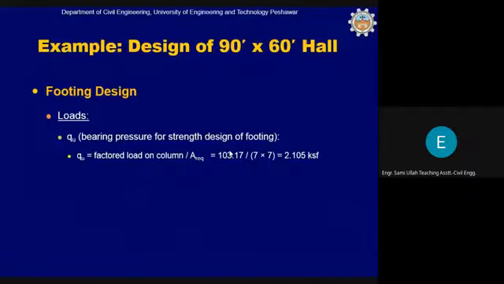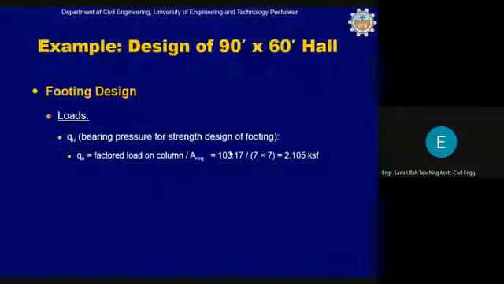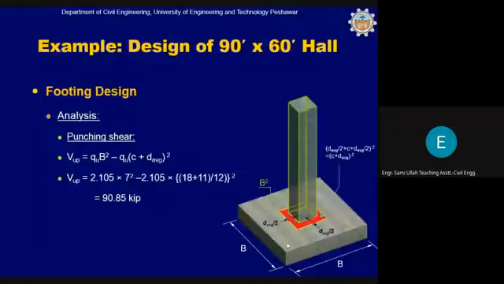in calculating bending moments in the footing, the load divided by the area will give us a 2.105 kip per square foot upward pressure, and this upward pressure is applied from beneath the footing by the soil. Because when this column takes all the load from the beam, it will transfer this load to the foundation, and the foundation, this pad, will transfer this load to the soil, and the soil in turn, if it does not settle, will resist this load.